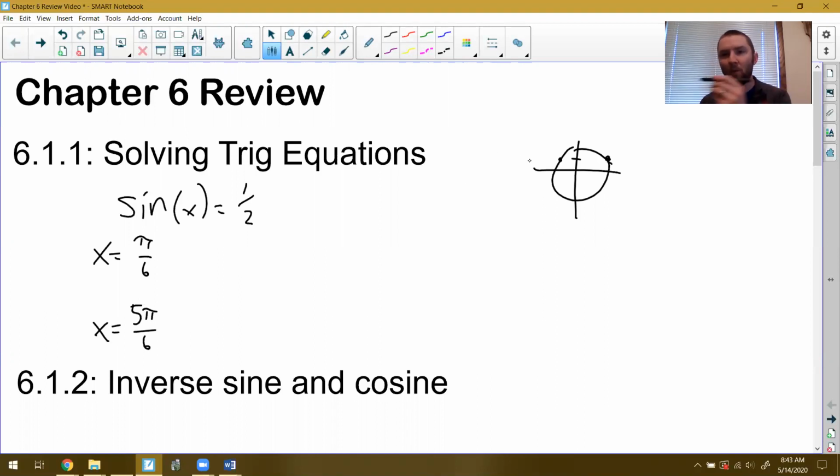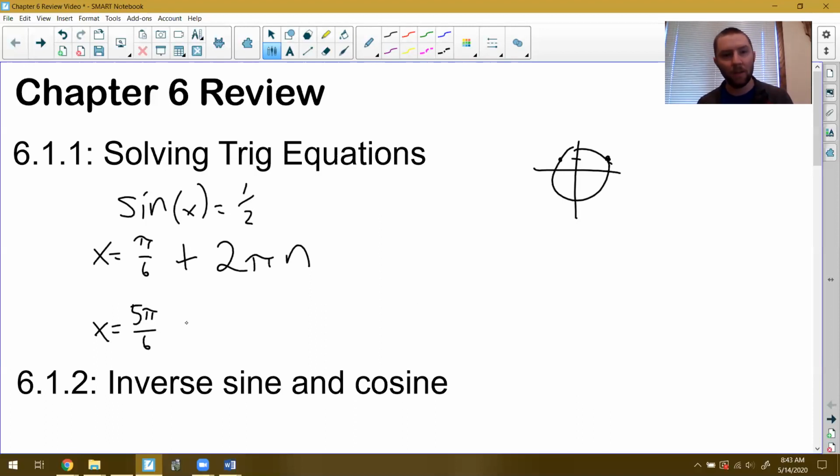Remember, for sine, we draw that horizontal line across to find the other one. We also talked in this section about restricting the values of x just to the unit circle, 0 to 2 pi, or going around and around again. If we do go around again, we just add 2 pi n, because that indicates adding one whole time around the unit circle, or if n is a negative integer, it would be going backwards.